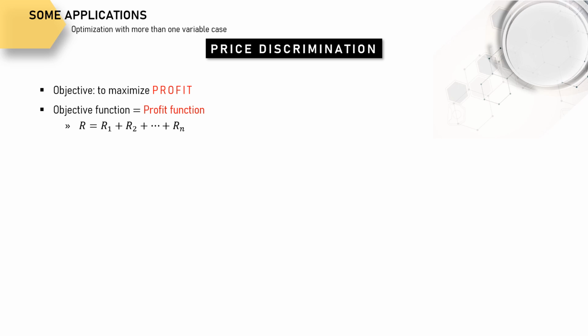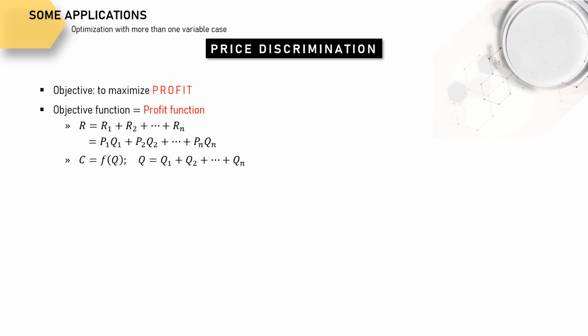If there are n groups of customers, then there will be n sources of revenue. But since the product is just one, the output differs in terms of quantity only. So we may still have Q1, Q2, and Q3 like in the multi-product case, but they are just different quantities of the same output sold to different groups of customers. The cost of production, as a consequence, is a function of just Q, or the summation of Q1, Q2, and Q3.